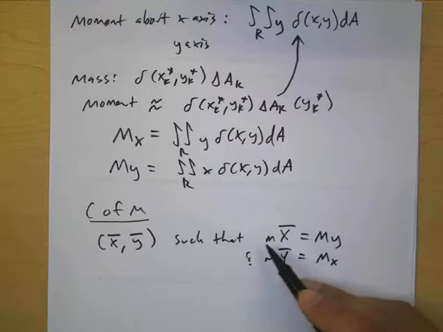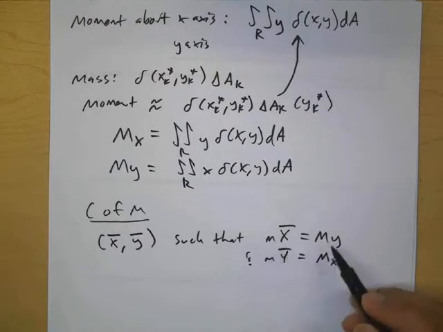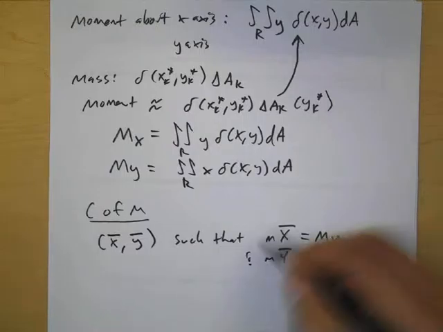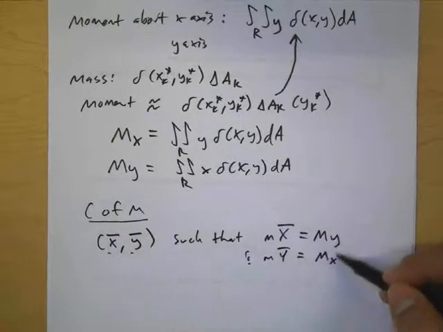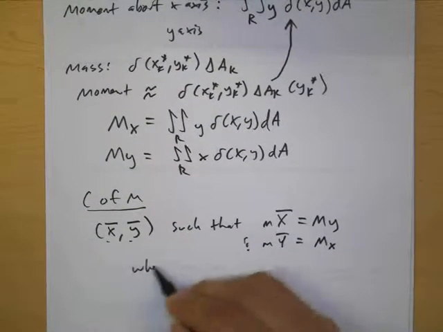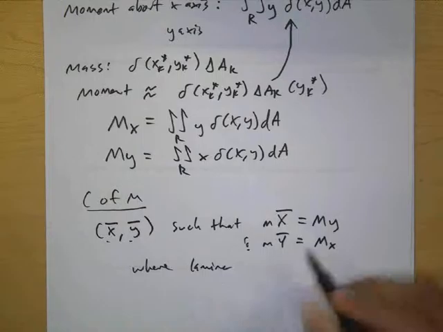So that no matter if I took mass times this distance or if I looked at the moment about the y-axis versus the other one, the center of mass would make these two the same. Okay, so this is where the lamina would balance perfectly.